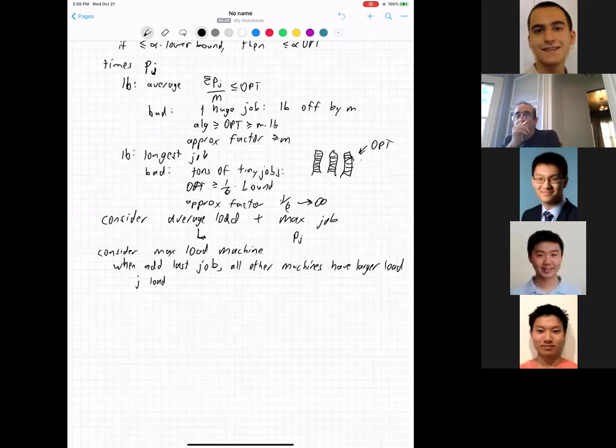This is the least loaded machine at the time, and the total load now is less than the total load that it will be. So the average load now is less than the average load that it will be, and my load is going to be at most the average. Yes? So now what happens when I add p_j? How can I relate this to the lower bounds?